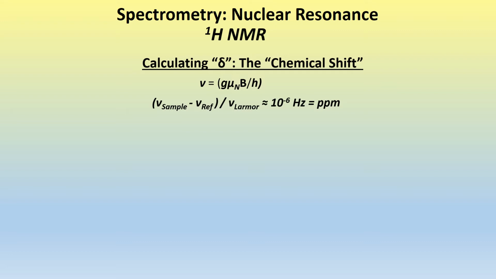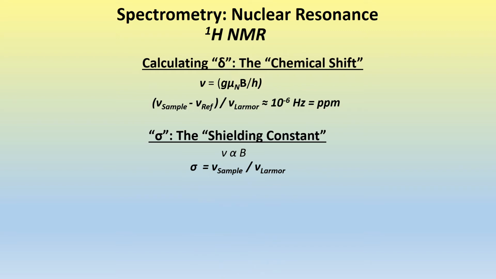To simplify this, the shielding constant sigma can be easily calculated because, as can be seen, the precession frequency is related to the applied field B. Essentially, sigma is the frequency of the sample as a fraction of the Larmor frequency.